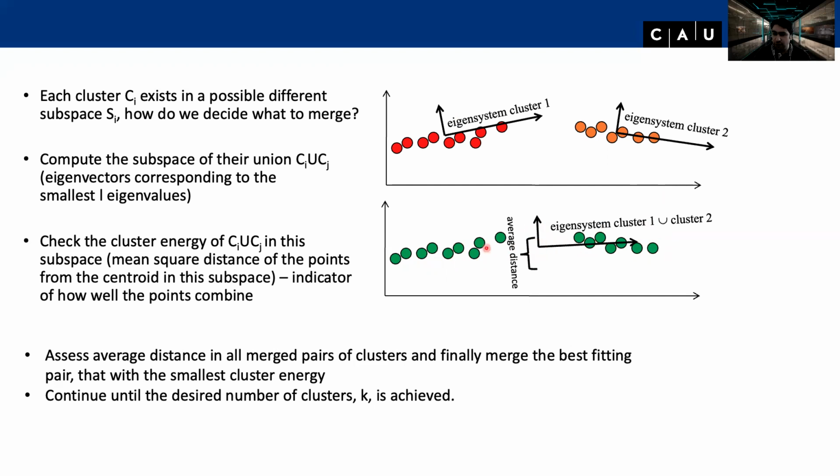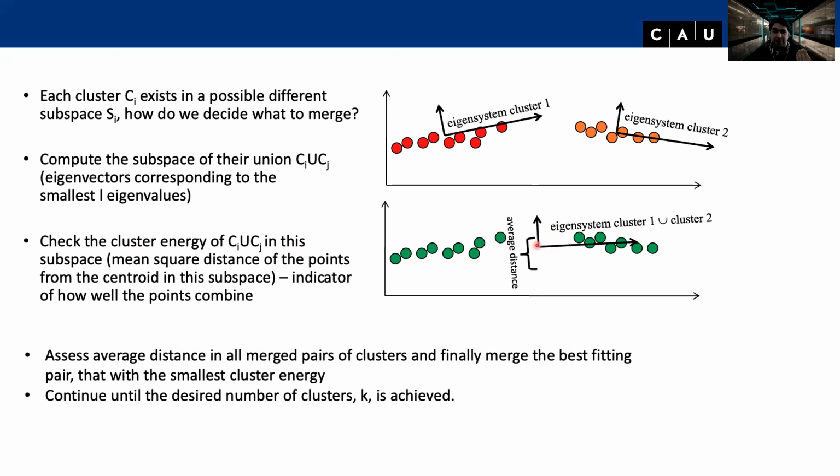So we project all of these green objects to this small arrow here. We first compute the mean, the centroid, and then we compute the deviation of all the objects to the centroid. And by this, having the variance, this is basically cluster energy. You can consider the cluster energy as the variance of objects in the cluster subspace from the union of both subspaces.